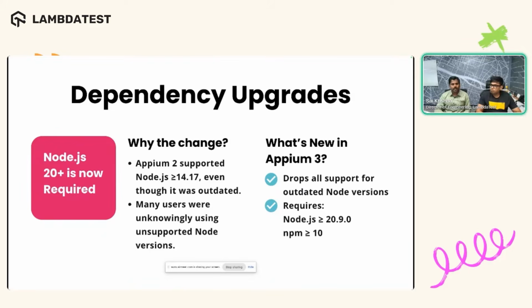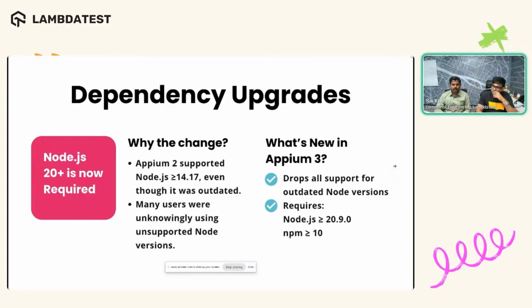So Node 20 plus, which is 20.9.0, and NPM greater than 10.0. We dropped support for Node versions less than 20.9.0. That's one of the major upgrades. But technically, if I have a script, will it work from Node 18? Will it work in Node 20? Something that you don't need to worry about.